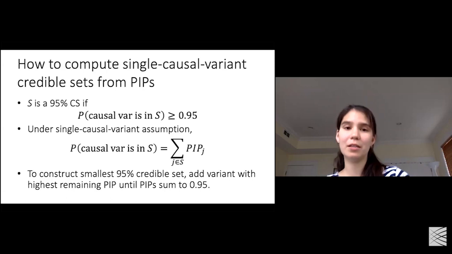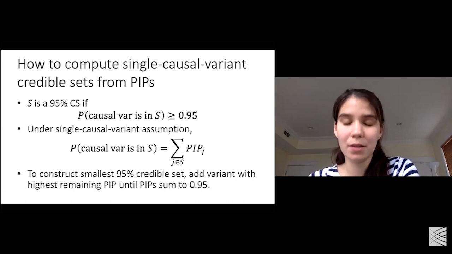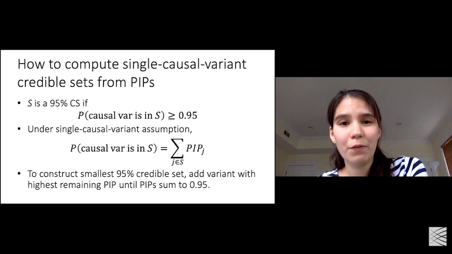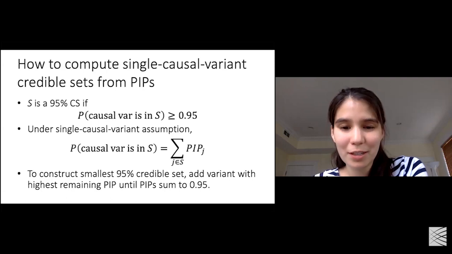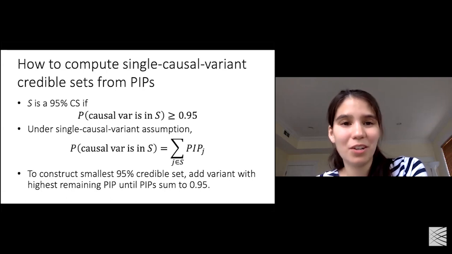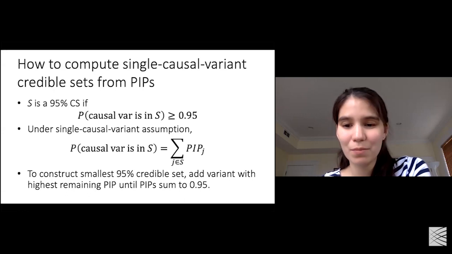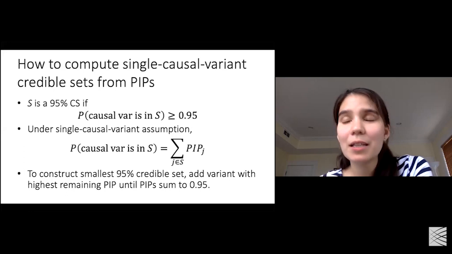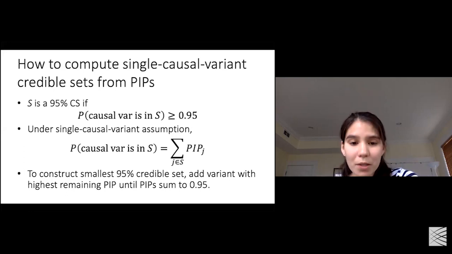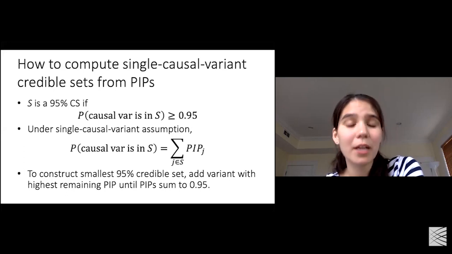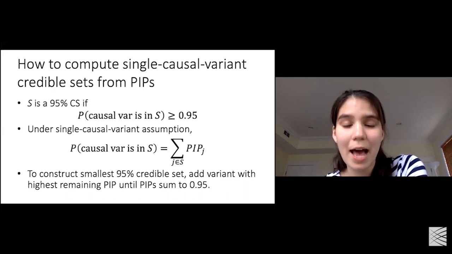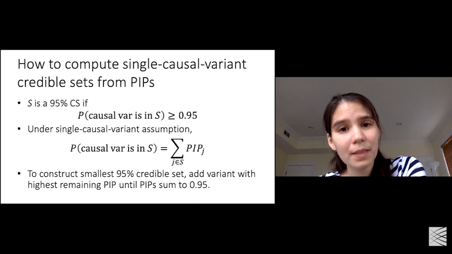This is even used as a diagnostic in the SuSiE method: if your credible set contains a bunch of variants that are in very loose LD with each other, then there's a sense in which things didn't work and you should become suspicious. So I would say that if the model is well specified, then you might expect a credible set to consist of variants in LD with each other, but there's nothing explicit here that enforces that.